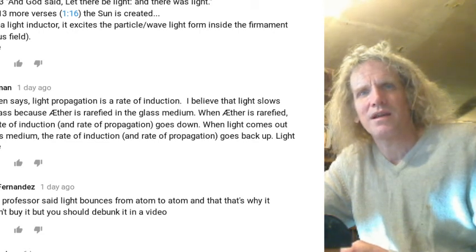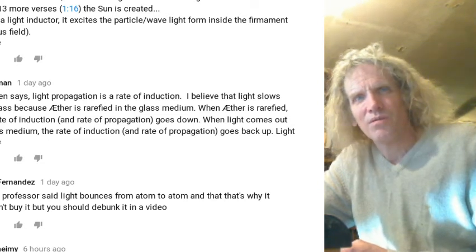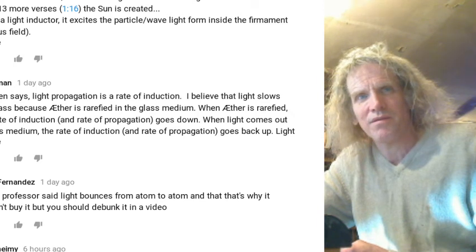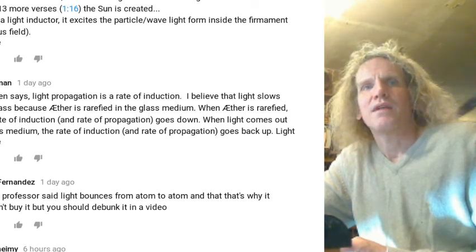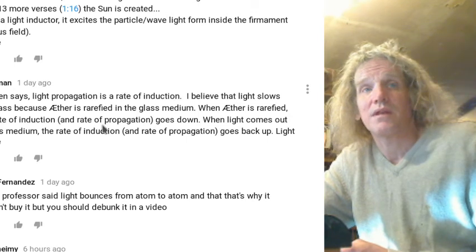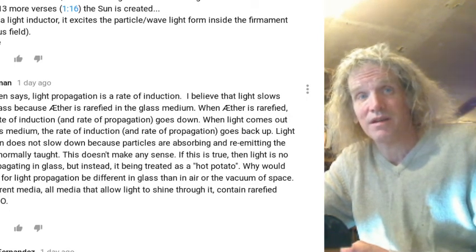As Ken often says, light perturbation is a rate of induction. I believe that light slows down in glass because ether is rarefied in the glass medium. Where ether is rarefied, then the rate of induction, the rate of propagation goes down. When light comes out of the glass medium, the rate of induction goes back up. So it's Fractal Woman again. So she's using exactly his rhetoric.